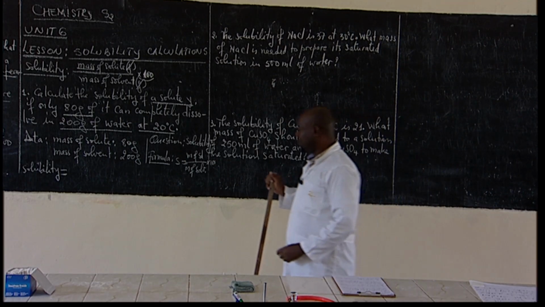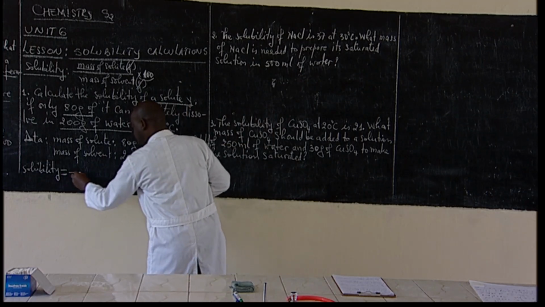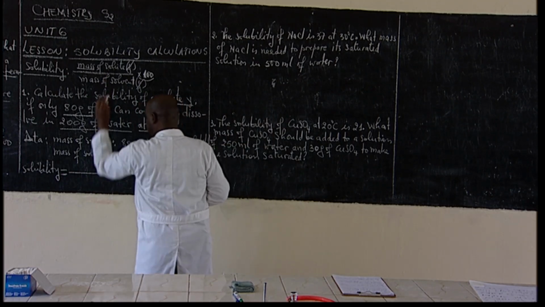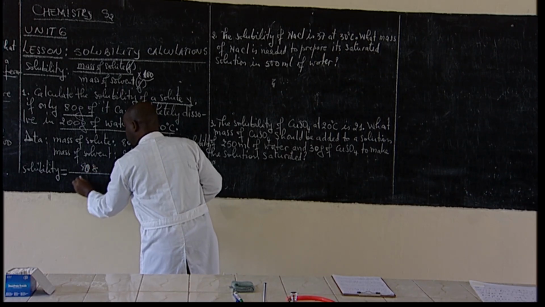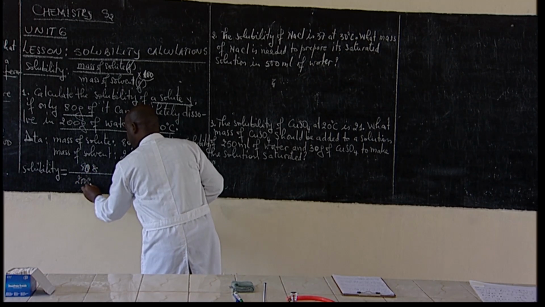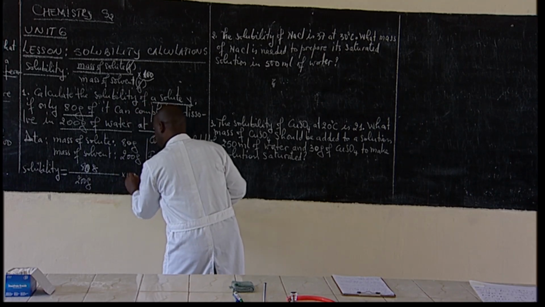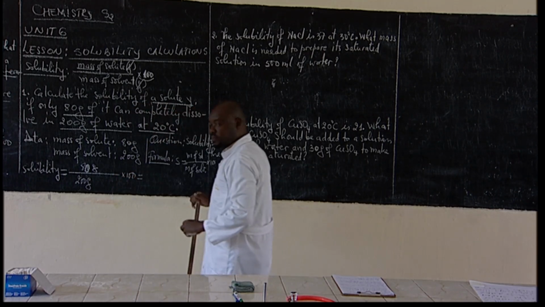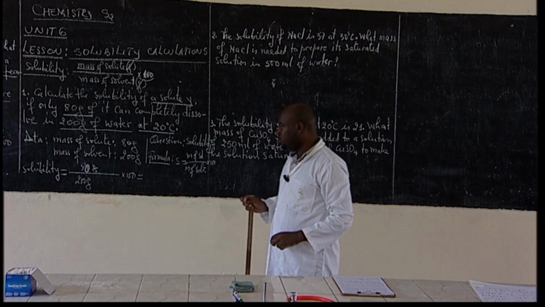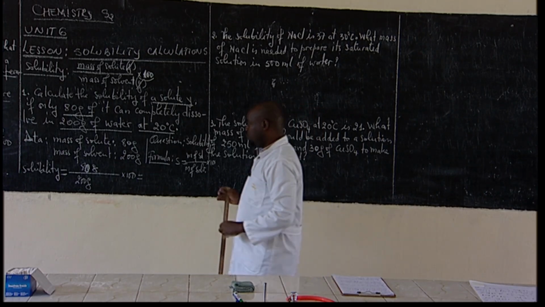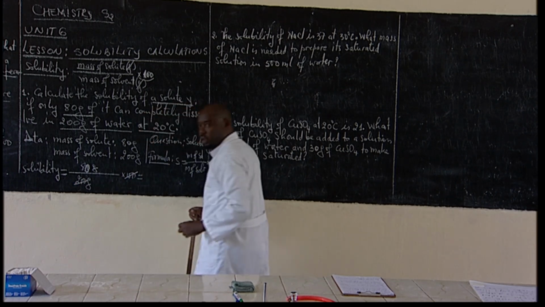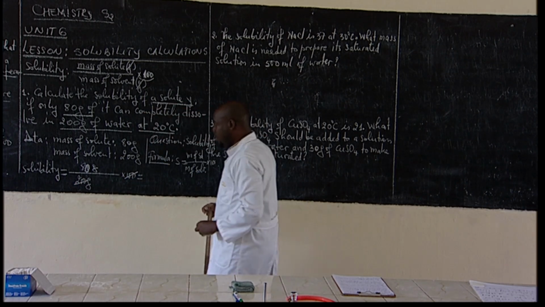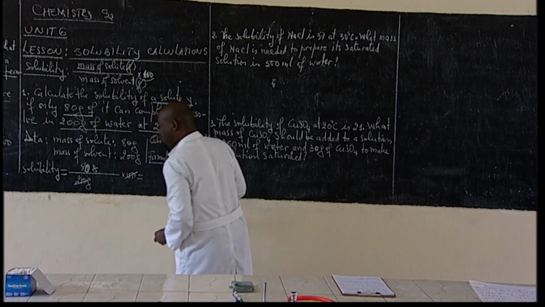All right. So if we substitute, we have mass of solute, that is 80 grams, over 200 grams times 100. What do we get? We have 100 and 200. We can simplify, and here it remains 2.